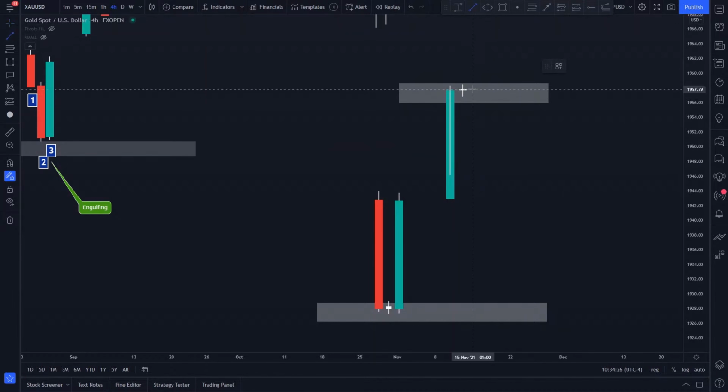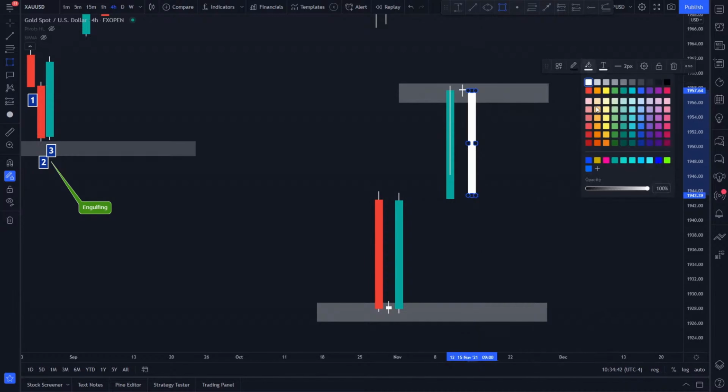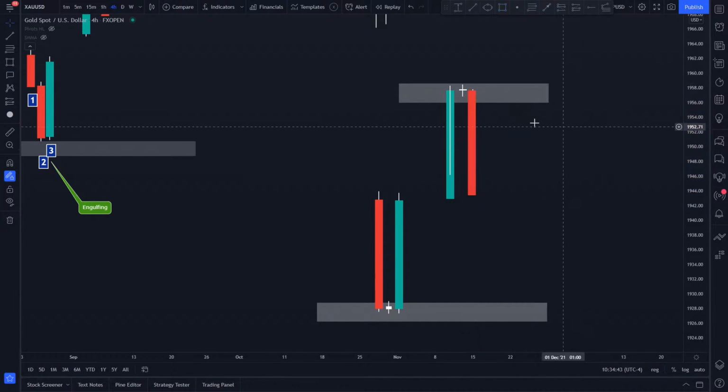All right, and then now we have our bearish candle. So same thing. It's the same exact thing, but this is called the evening star, right?